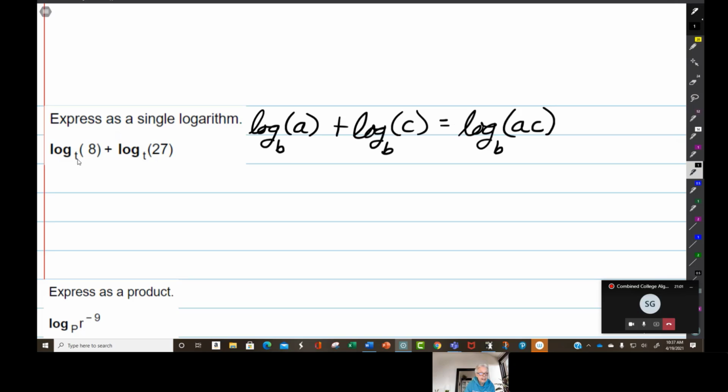We have log base t, log base t. What's t? I don't know. But we are going to be able to merge these together as 8 times 27.